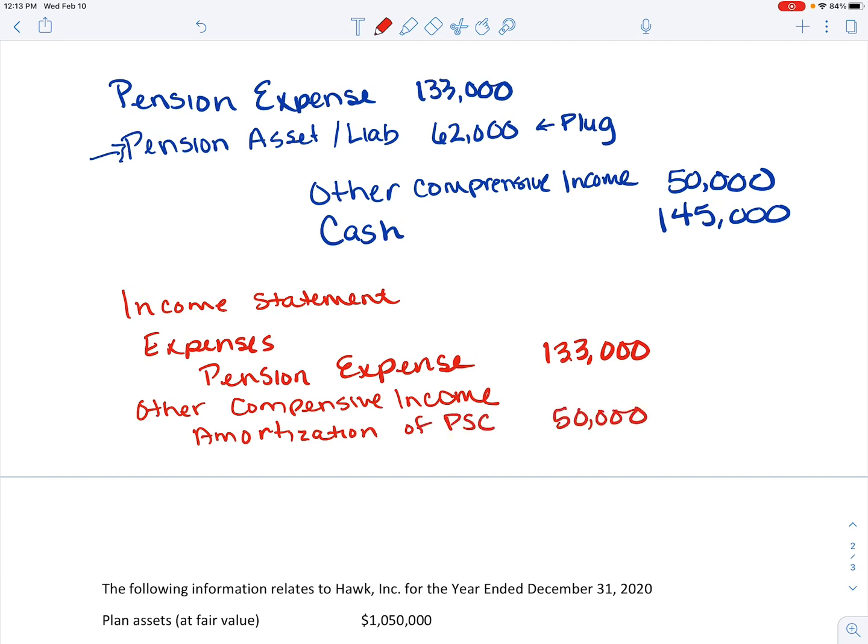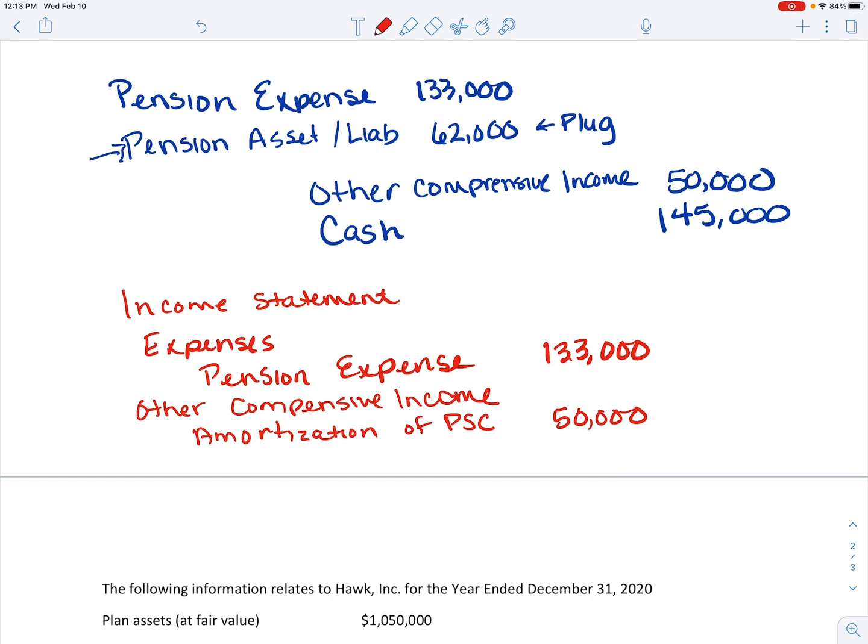And we're just bringing into that area $50,000. And then finally on your balance sheet, we need to show a couple of different things here. We're going to show our pension liability and that accumulation of the other comprehensive income.